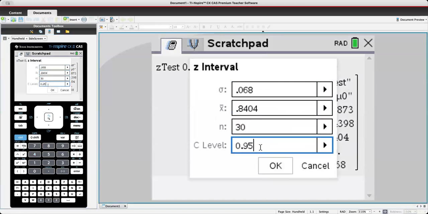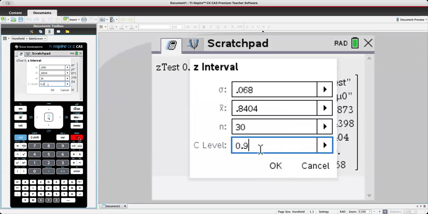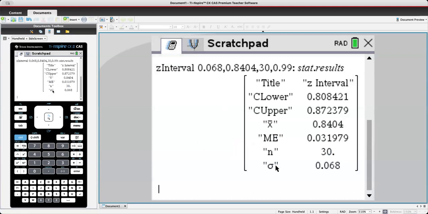And then make sure you change your confidence level to 0.99. Okay. And so I get a lower bound of 0.808 and an upper bound of 0.872. And notice that 0.86 is within the interval, which it should be because I failed to reject.